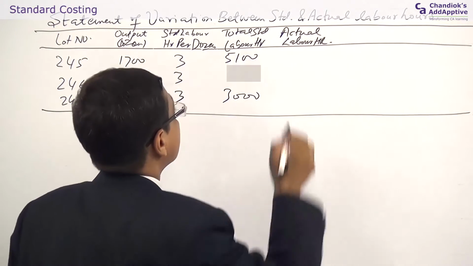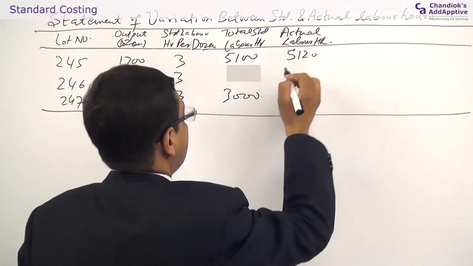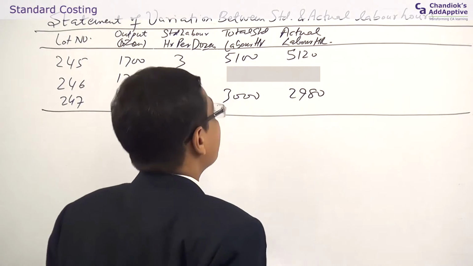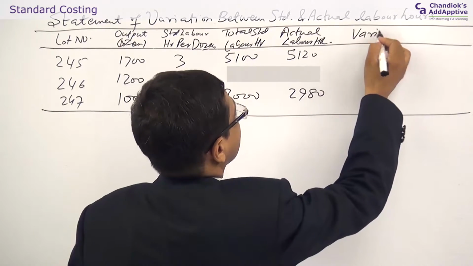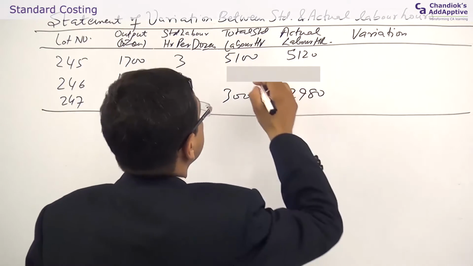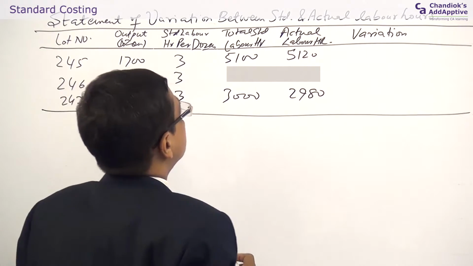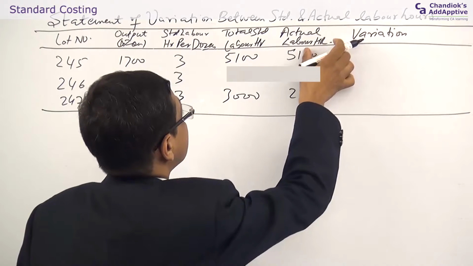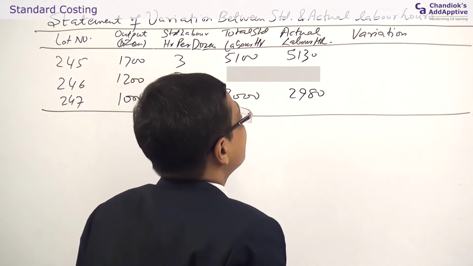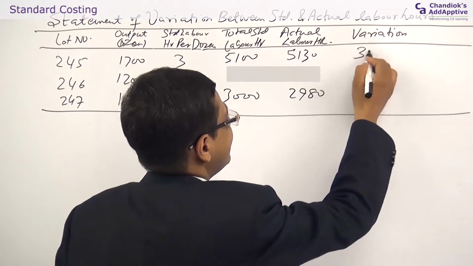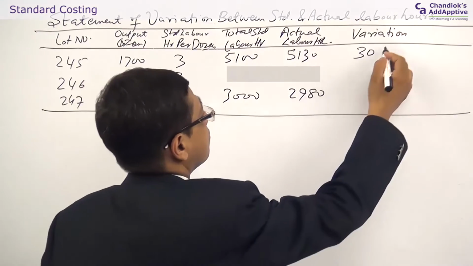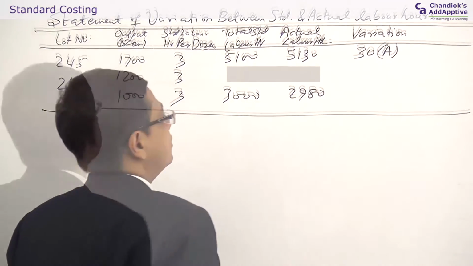So, please see the question paper. So, what is the difference or the variation or the variance, whatever name you can say, you are required to use 5100 and you took 5130. So, 30 is what? Favorable or adverse? You took more, therefore, it is adverse.